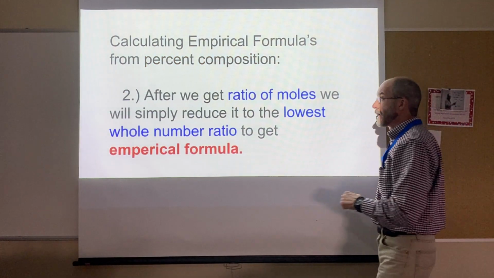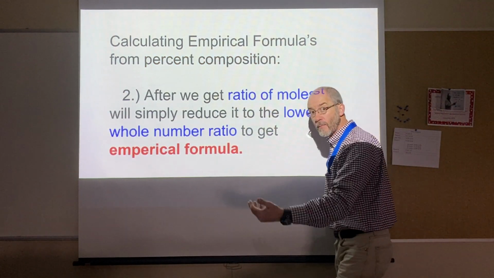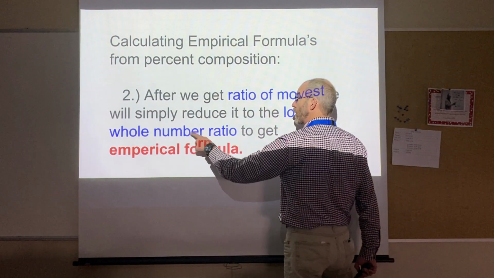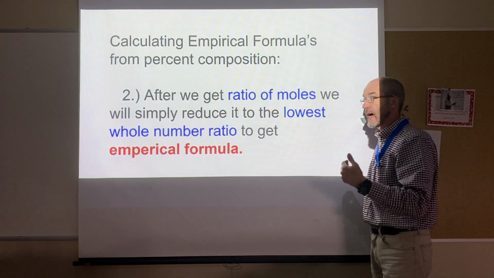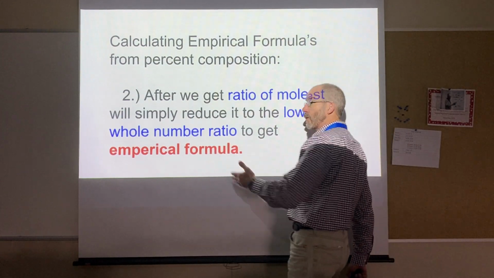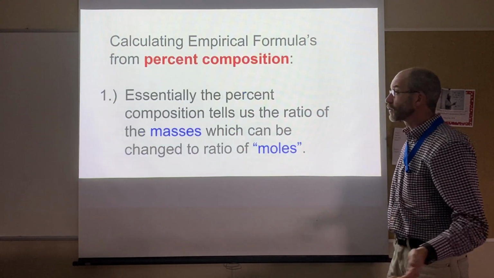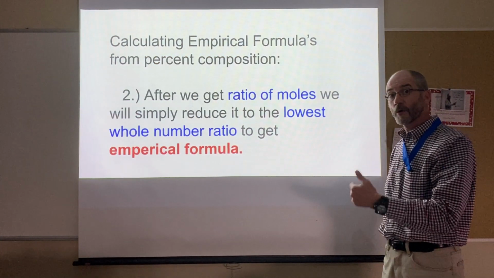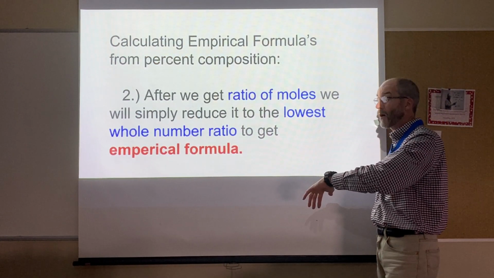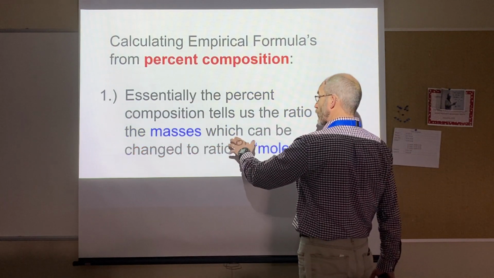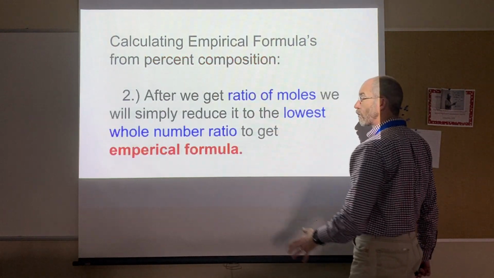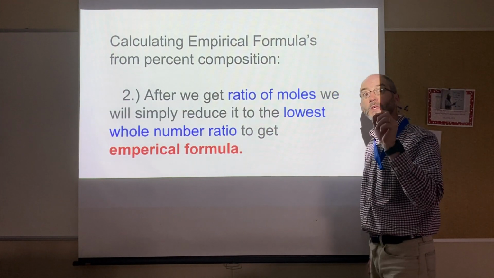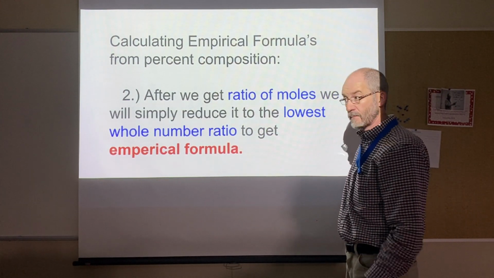Number two, after we get the ratio of moles, we will simply reduce it to the lowest whole number ratio, because that will give us our empirical formula. Now, if you need to, go back and look at those again and read them and think about them, but think about what you're doing before you get started in the problems, okay? You're going to be looking for the ratio of moles, and you want to reduce it to its lowest whole number, because that will give you the empirical formula, all right?